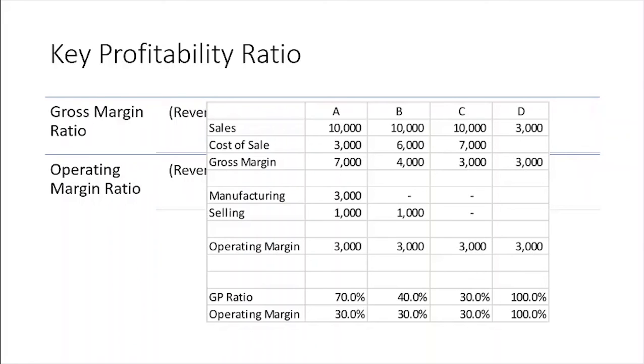Operating margin is the same everywhere because we assume hypothetically that every profit margin is the same, but in real life it may be different, because there may be different costs of sales and production. If you outsource, the outsourced company will also want to make a profit, correct? So the cost may not necessarily be the same, but I make it the same here just to make a point so that you can understand.